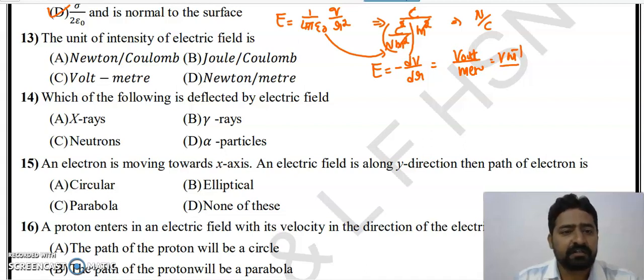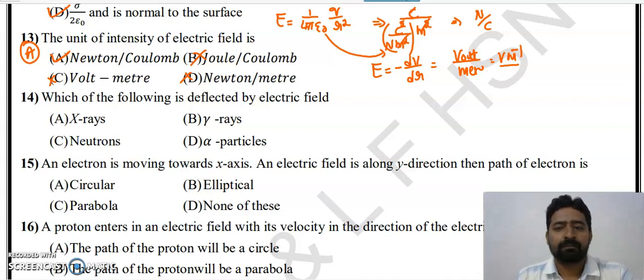Newton per coulomb, option A, is the right answer. Volt per meter would also have been a right answer, not joule or volt meter. So option A is the right answer for the 13th question. Let's move to the 14th question.